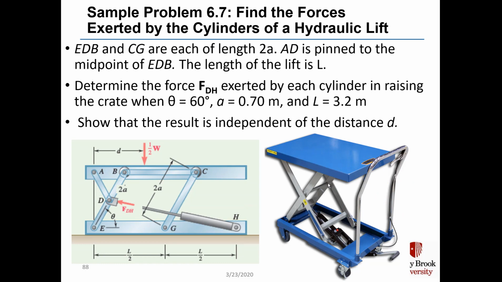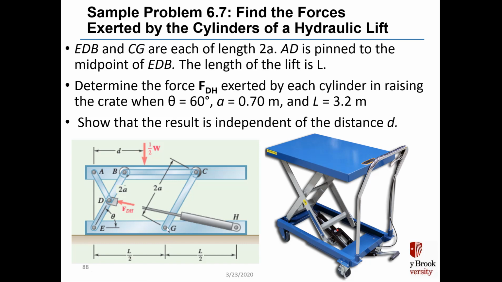In the figure on the lower left, EDB and CG are each of length 2a. Element AD is pinned to the midpoint of EDB. The length of the lift from left to right is capital L, and point G is located at the midpoint, L over 2.